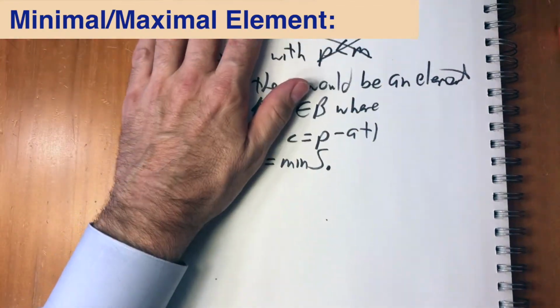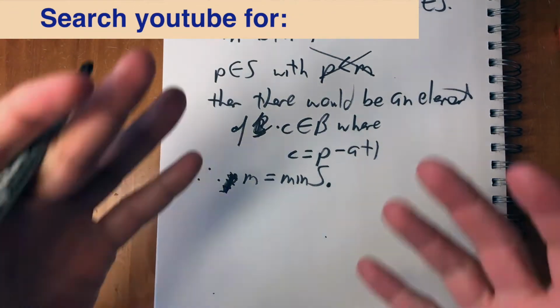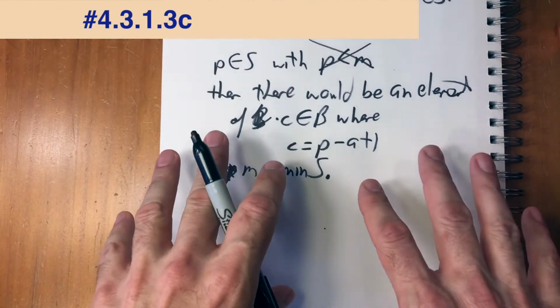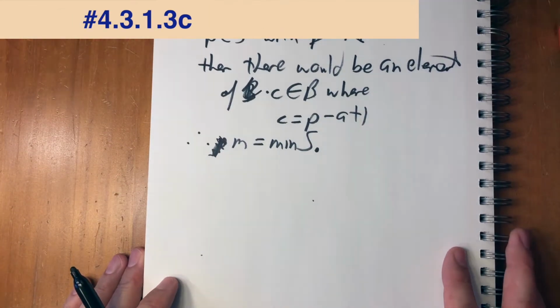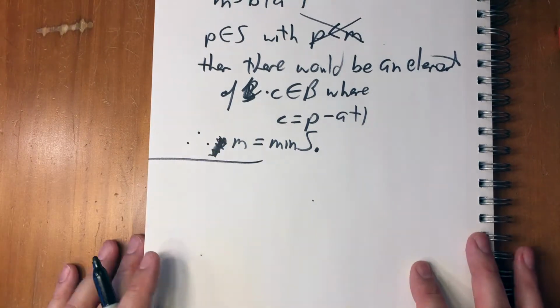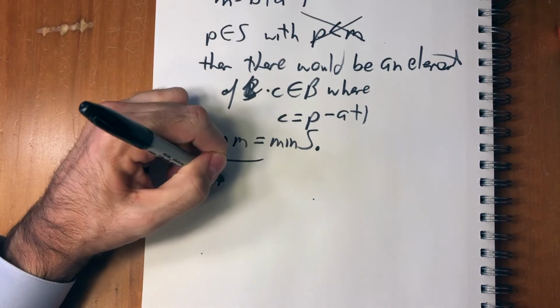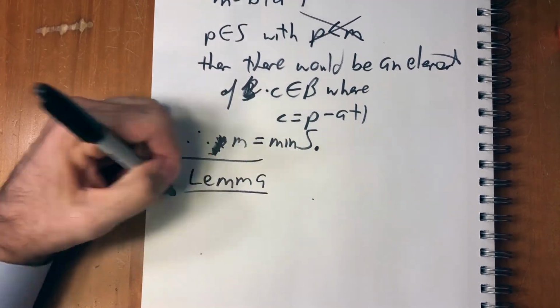So that's the last thing we need to know about integers and natural numbers. Now we're ready to actually prove the density of the rationals in the reals. There's one more thing that we need to show then. We need a lemma before we can actually get to the proof.